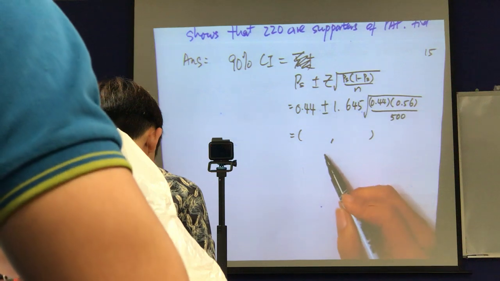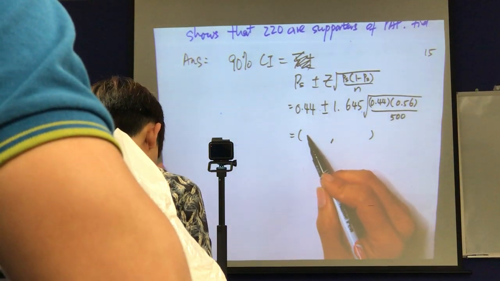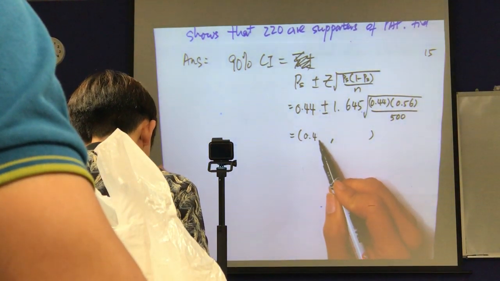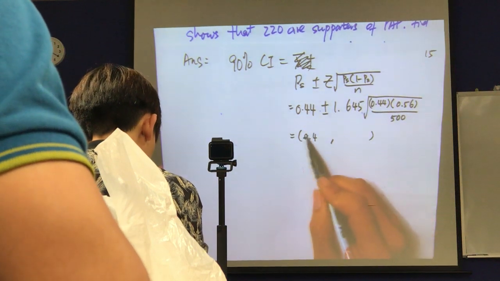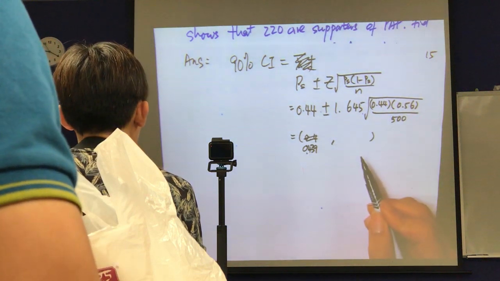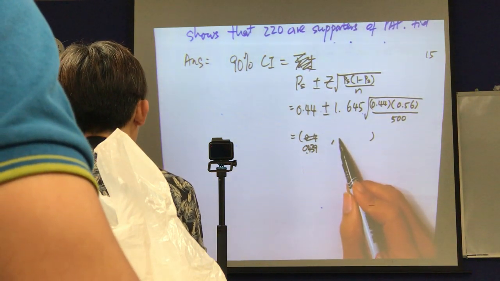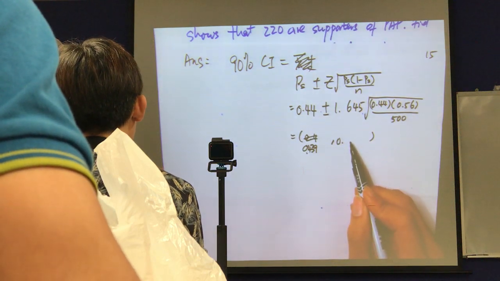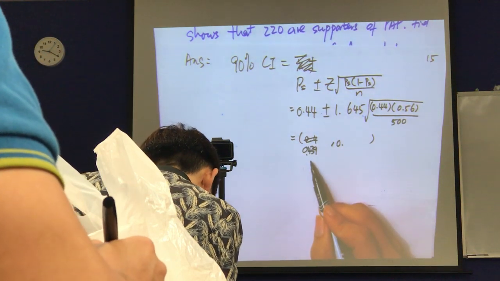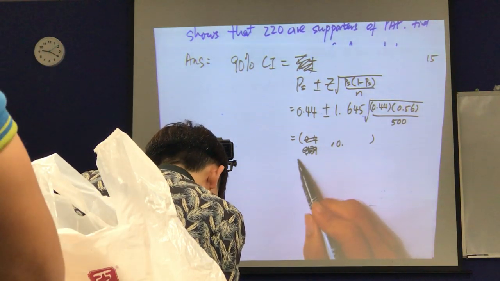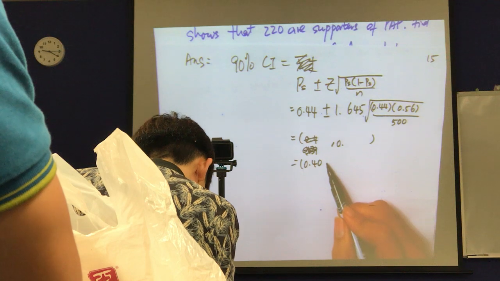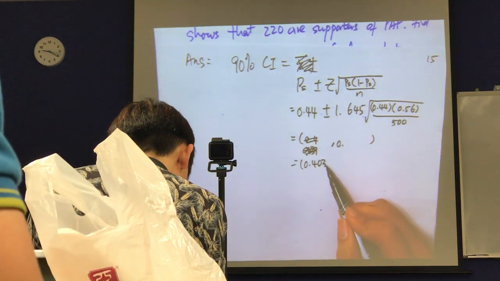The number here is 0.439, and the other one is 0.4034, is it? Is it so small? 0.40, that makes sense. 0.4034 is okay around there.